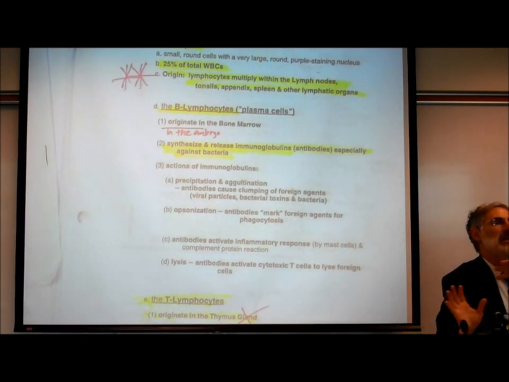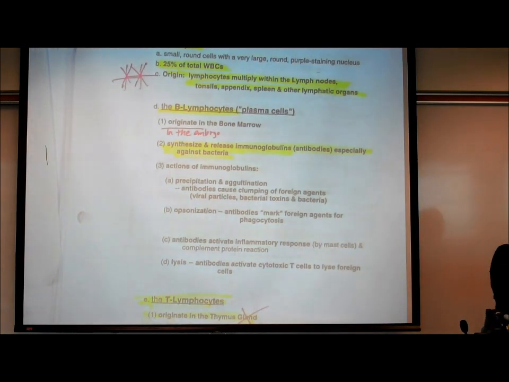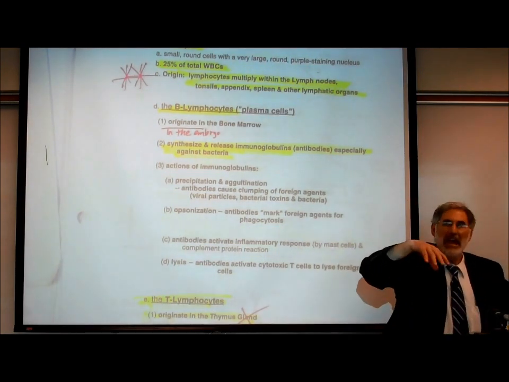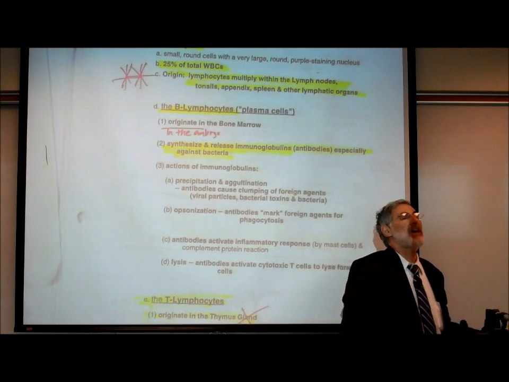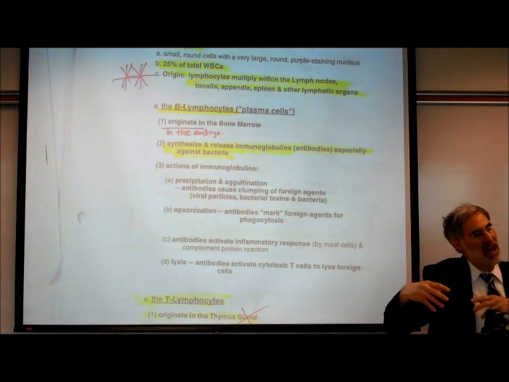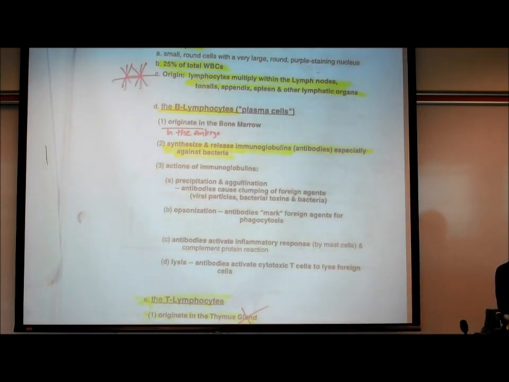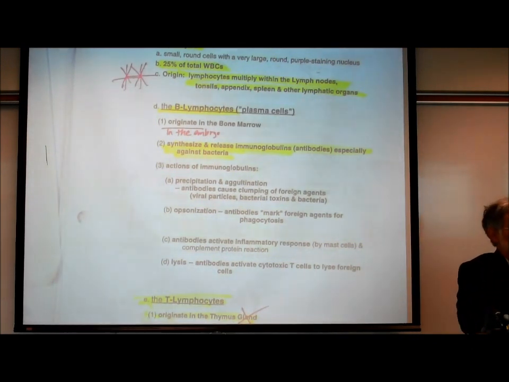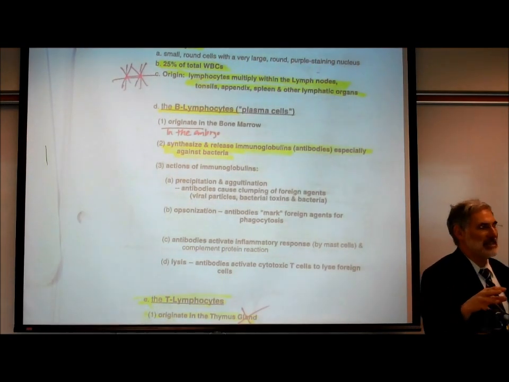And then they leave the bone marrow. They migrate and leave the bone marrow, and they populate your lymphatic organs. So they travel through your bloodstream, from the bone marrow, to your lymph nodes, your tonsils, your appendix, your spleen, your lymphatic nodules in your intestine.